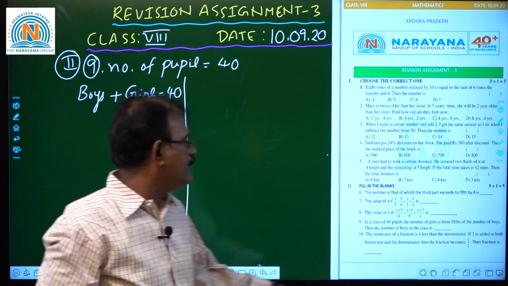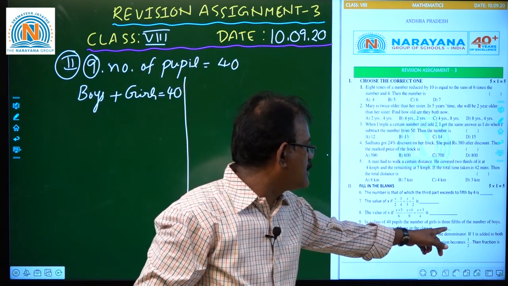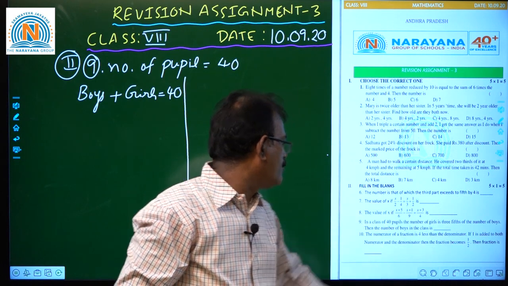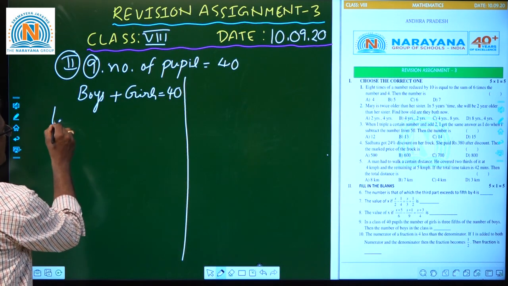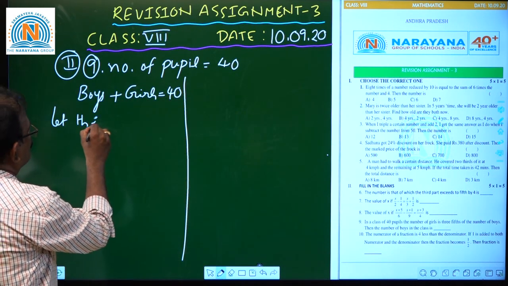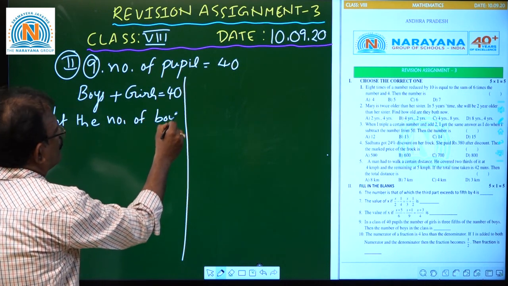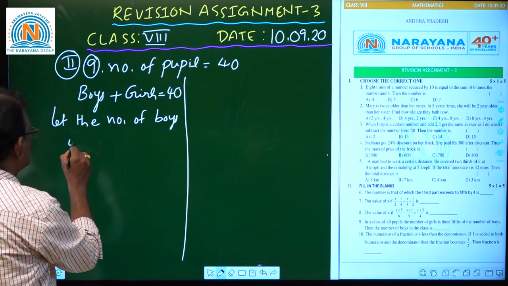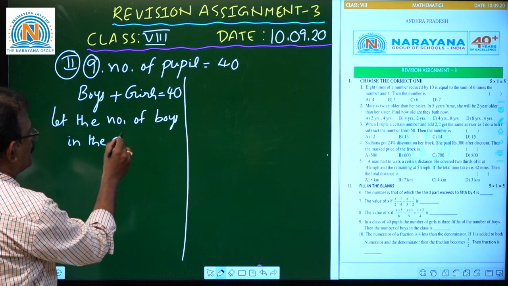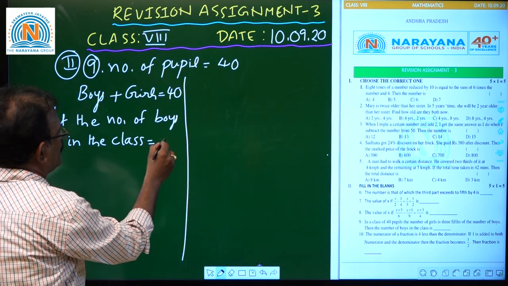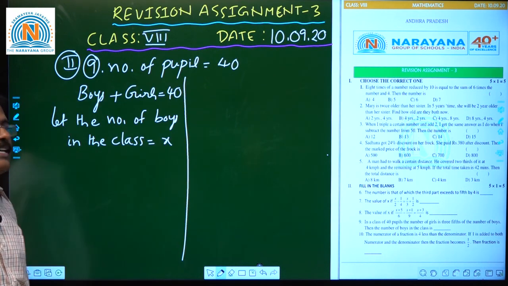Now what is the relation here? Number of girls is 3/5 of the number of boys. So let the number of boys in the class be x.